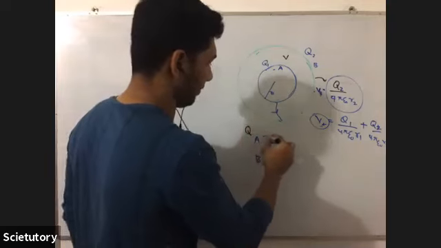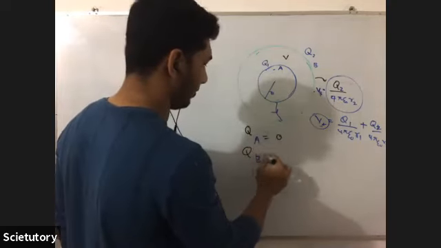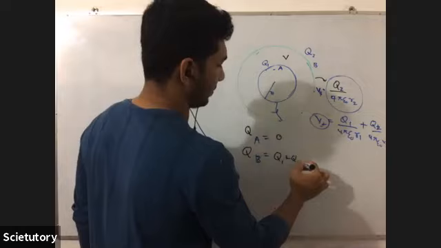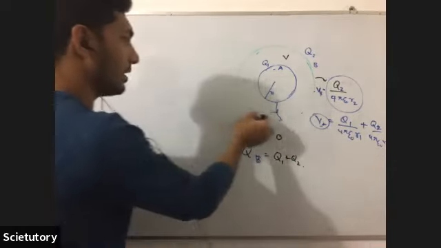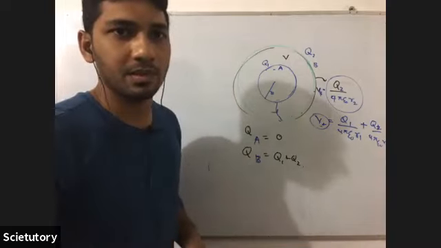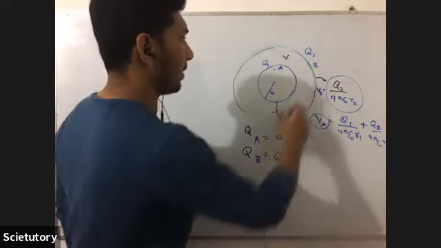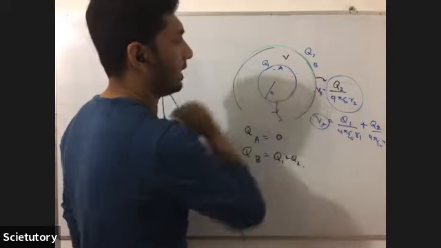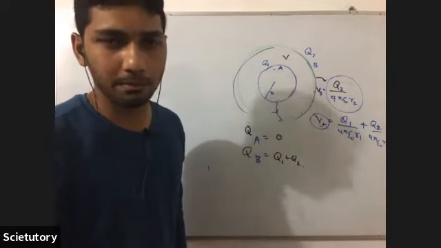QA will be 0, and finally QB will be Q1 plus Q2. Everything will come to this sphere. You all understood? So now the potentials of A and B are the same.